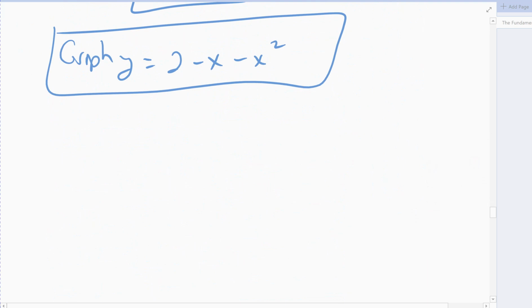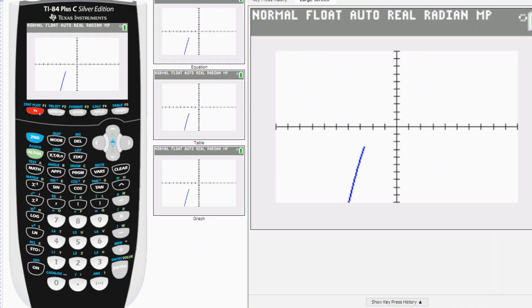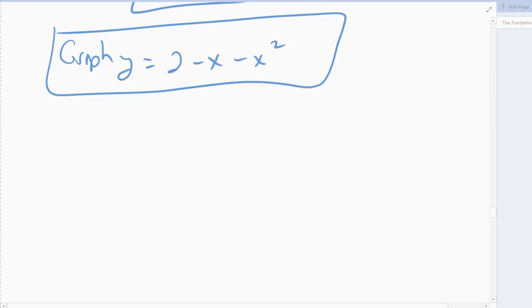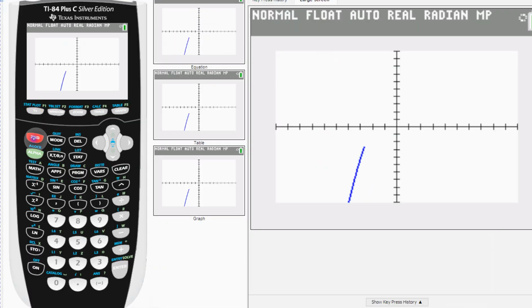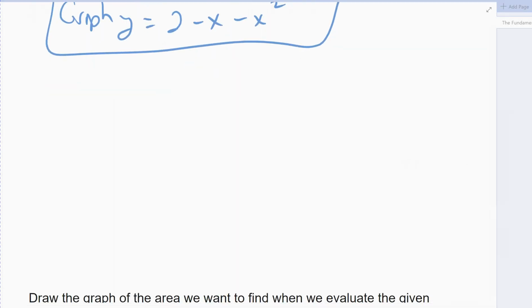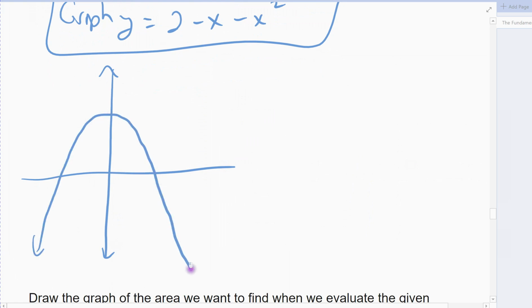All right, so I'm going to pop up my graphing calculator. Apparently my graphing calculator is frozen, so I'm just going to freehand graph it. It's a parabola that opens down. It has this shape to it.